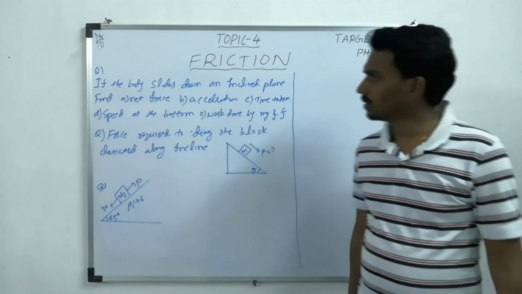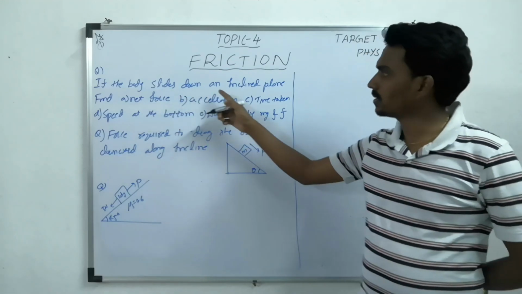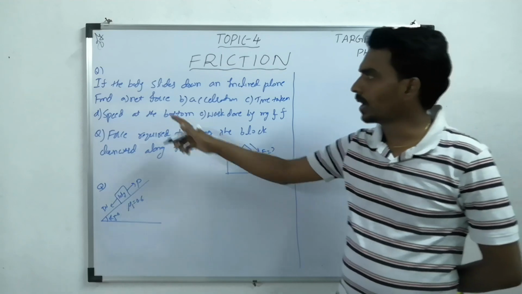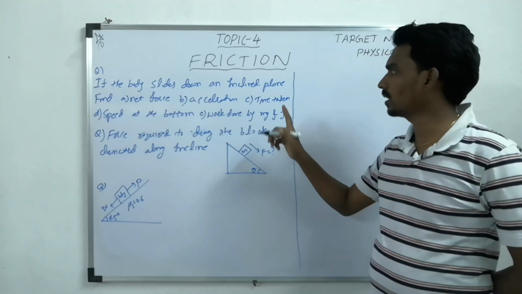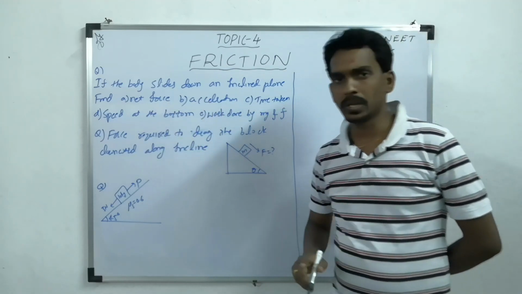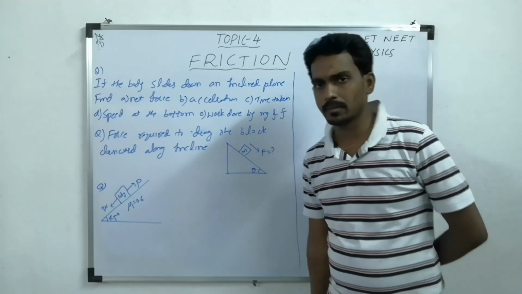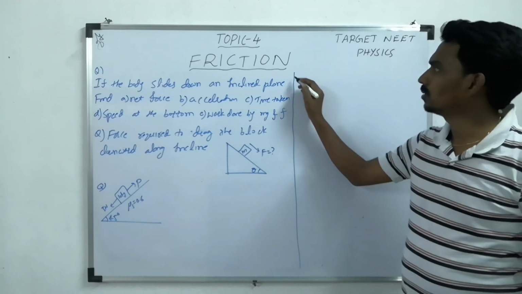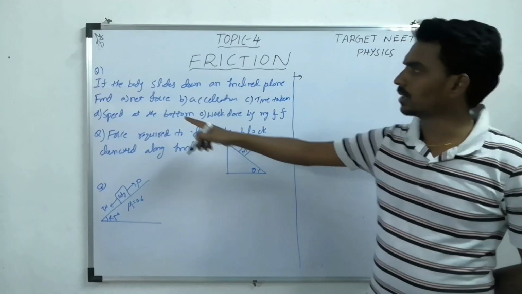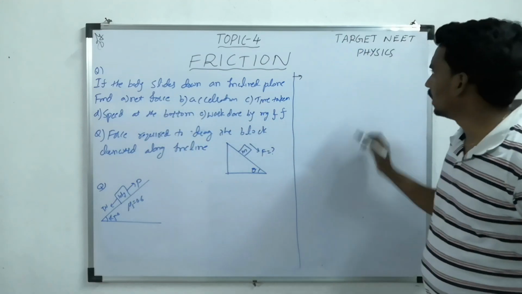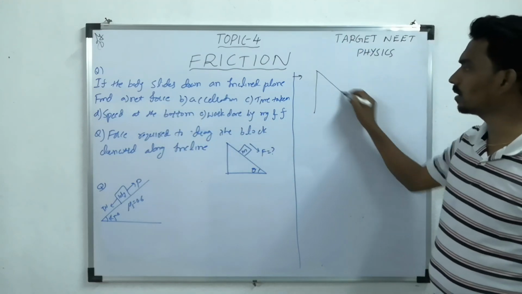So here the first question: if the body slides down an inclined plane, find net force, acceleration, time taken, speed at the bottom, work done by mg and f. So here the very first thing, what is the net force? See, consider an inclined surface.